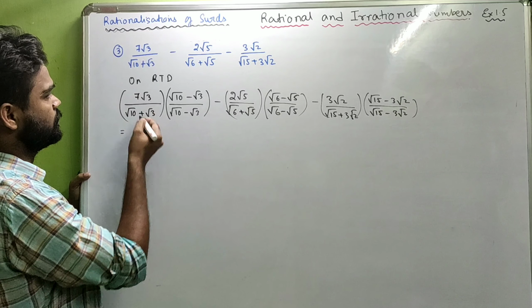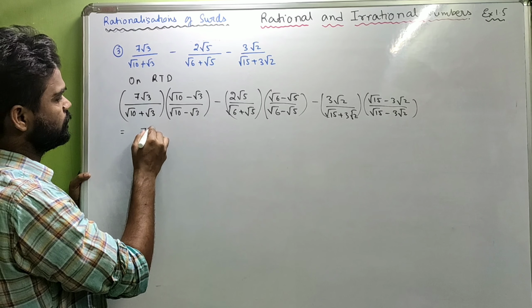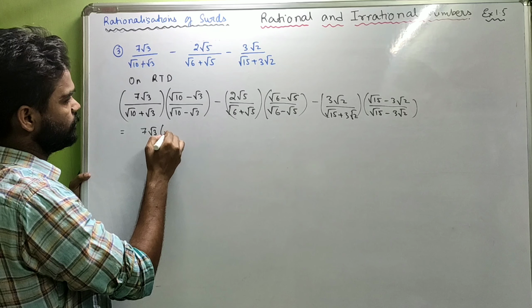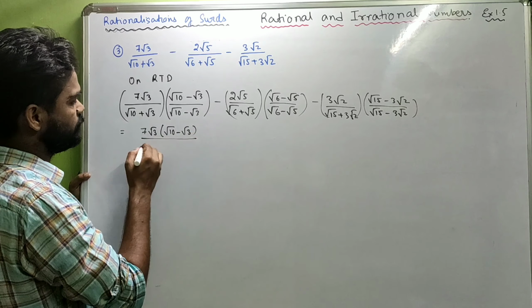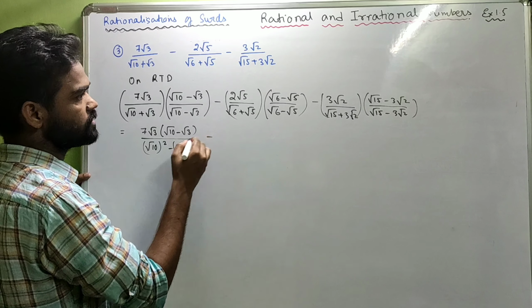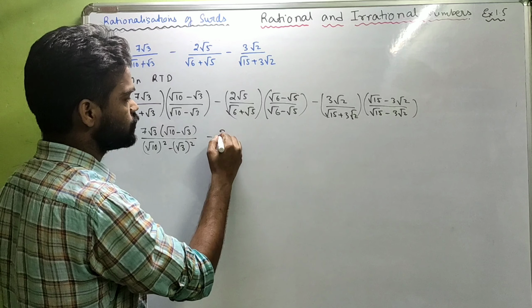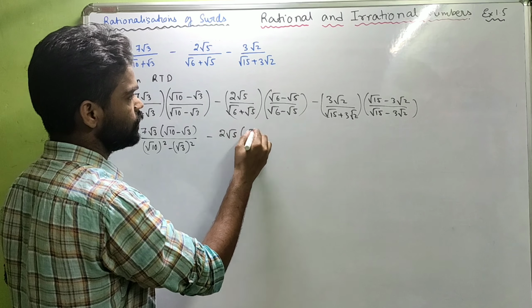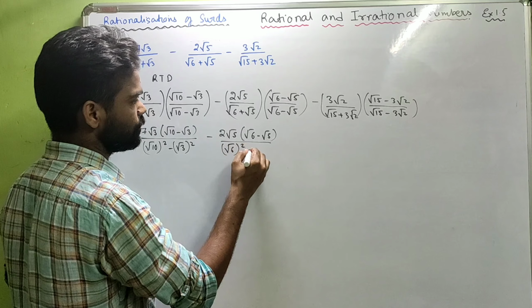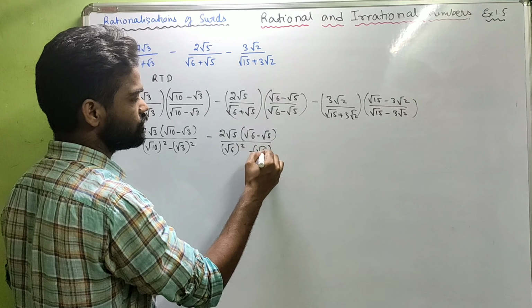Now let's solve this. This is 7 root 3 multiplied by root 10 minus root 3, and in the denominator we have root 10 square minus root 3 square. Similarly over here we have twice of root 5, root 6 minus root 5 by root 6 square minus root 5 square.